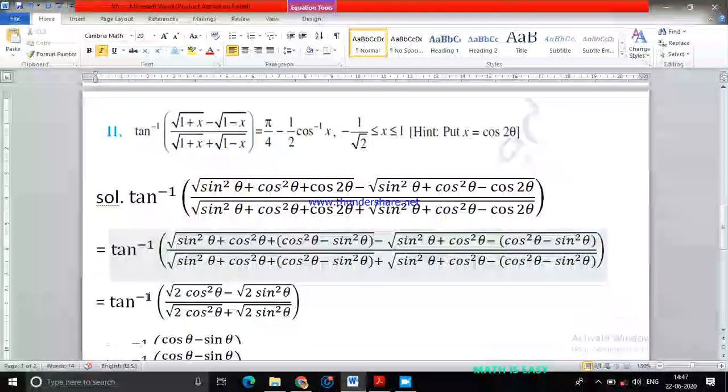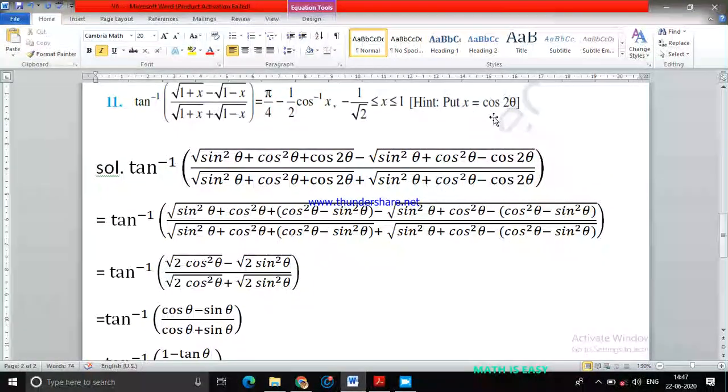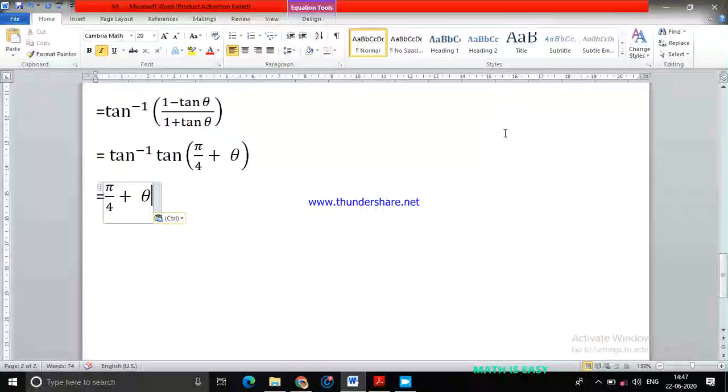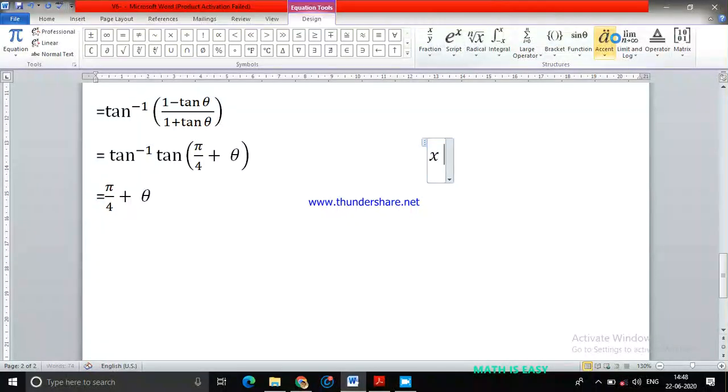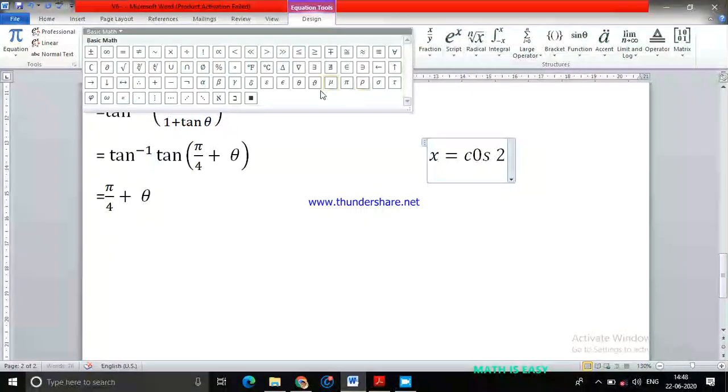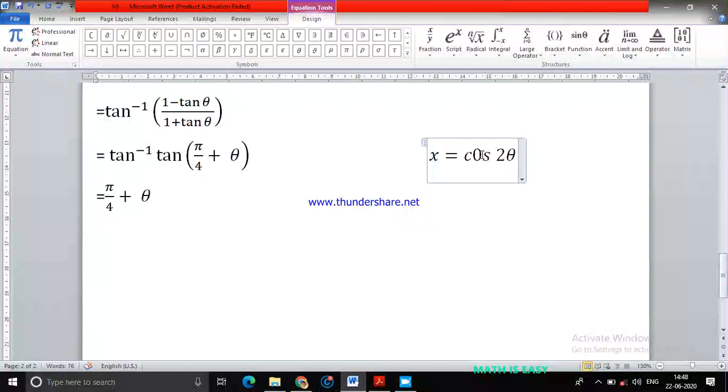Now here, what we assumed is x equals cos 2 theta. Let me simplify that one somewhere here. We replaced x as x equals cos 2 theta.